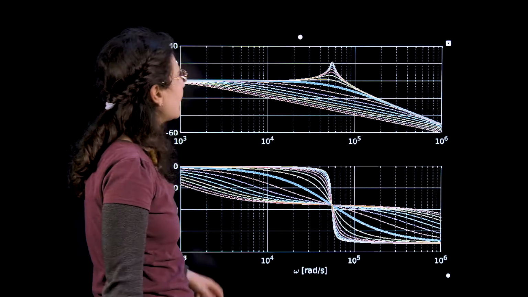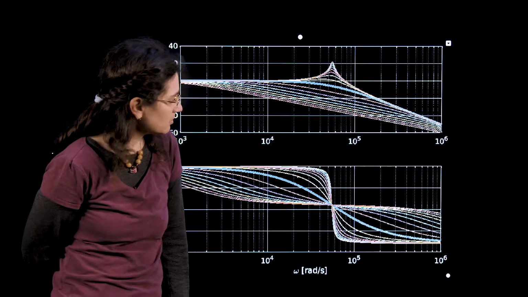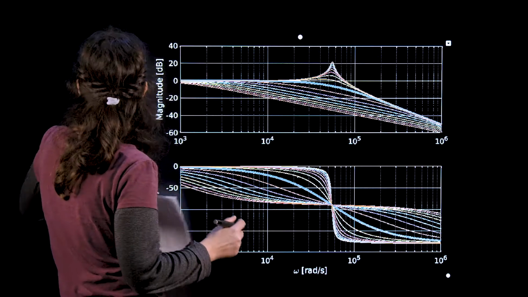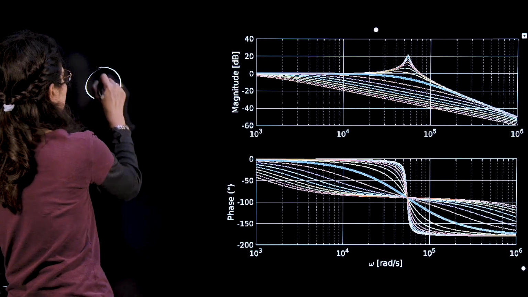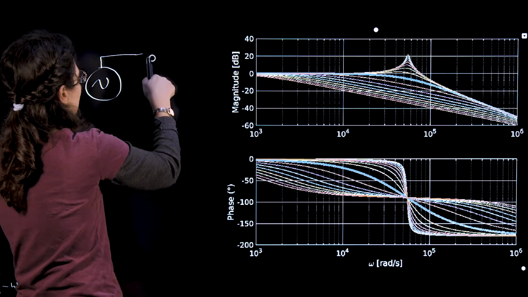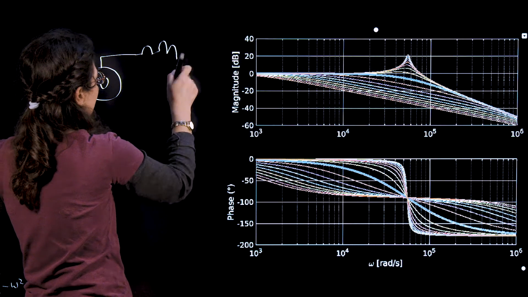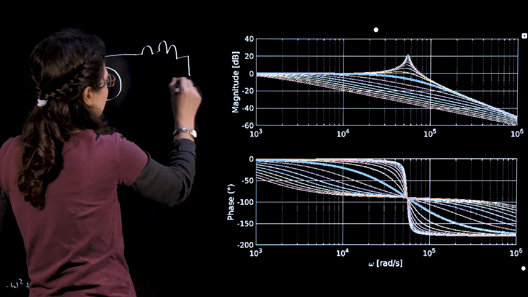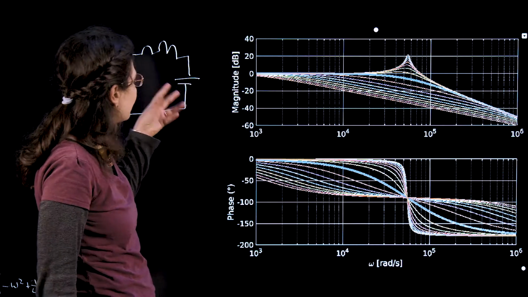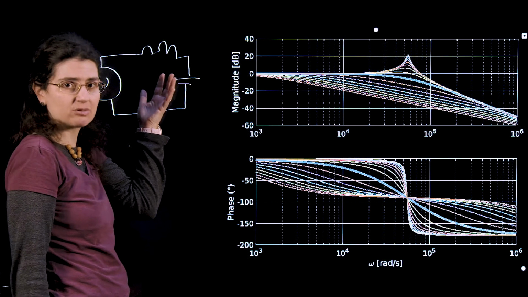However, in real life, if our circuit looked like this, say, I have an inductor in series with a capacitor, this never happens because the components that I have here have parasitic resistances.